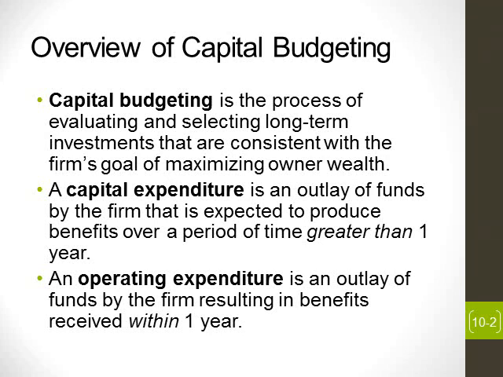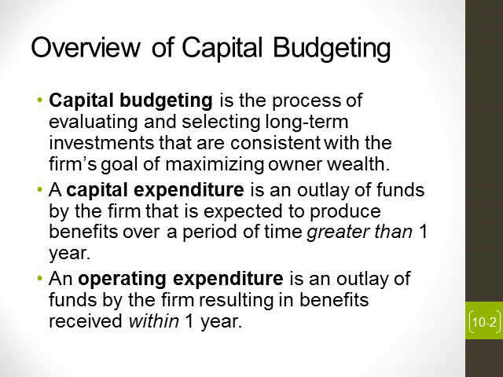Now, an operating expenditure is an outlay of funds by the company which will result in the benefits received within that first year. In other words, once you start working on that project of your factory, you will have your own capital expenditure, but at the end of each and every year you will once again be doing your accounting and financial statements, and you will see that you also need some money in order to operate that factory.